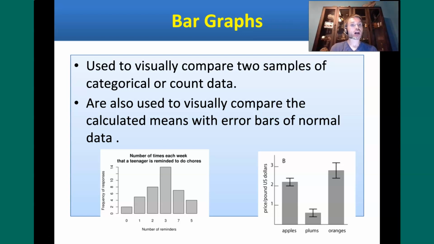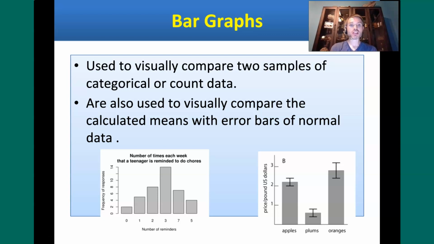Now, I have many times seen FRQ questions that talk about the error bars. And what you'll notice there that's unique, so if you look at apples versus oranges, notice how those two sets of error bars actually overlap slightly.